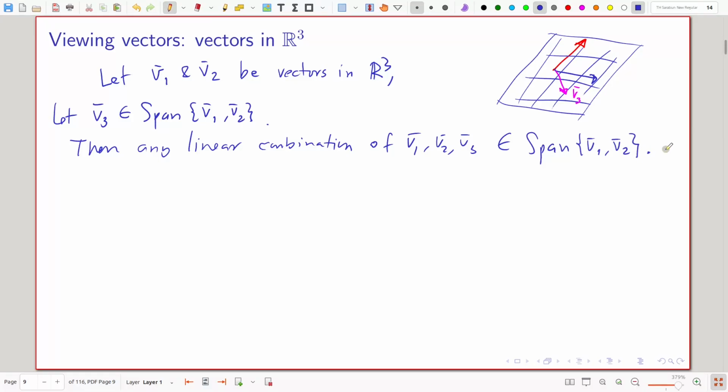Okay, so let me prove it to you. The proof will be pretty straightforward, but it will give you a view of the definition of span and linear combination. Okay. All right. So proof.